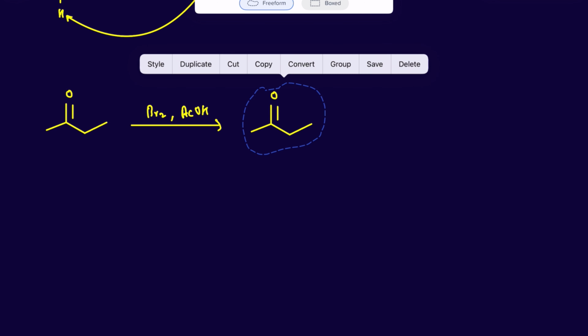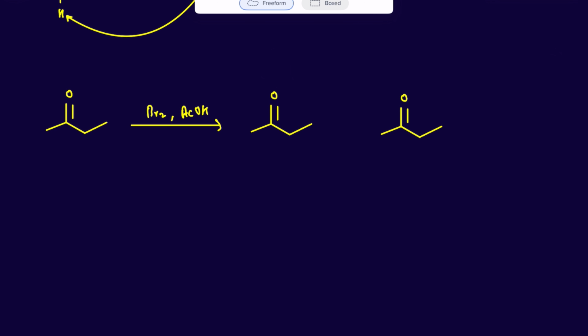And a typical answer is you may get both of them being installed, but you will have only one of them be the major. And whenever you're doing the enol under acidic conditions, you typically want to go with a more substituted enol as the major intermediate. So as a result, this would be your major product, and very likely this would be the minor product.